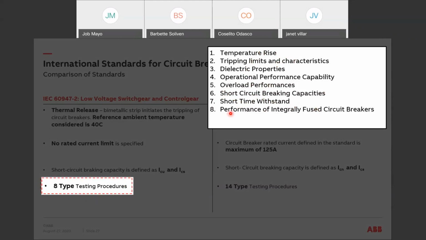And then the performance of integrally fused circuit breakers. As you can observe, the 14 type tests of the IEC 60898-1 comprise both the electrical and mechanical properties, while the 8 type testing procedures are primarily focused on the electrical properties of the circuit breaker.